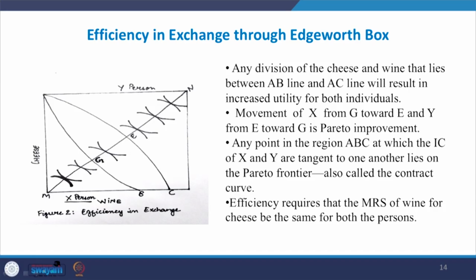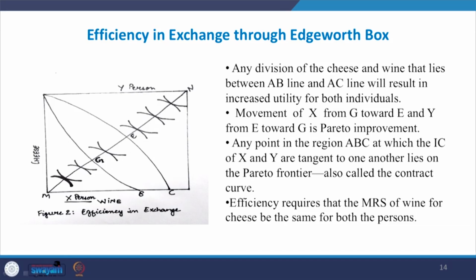So, if these two persons exchange the quantity of cheese and wine with each other, then they will reach a higher level of satisfaction, and that is shown in the middle of these two bigger indifference curves, where there is a tangent point of these two indifference curves.